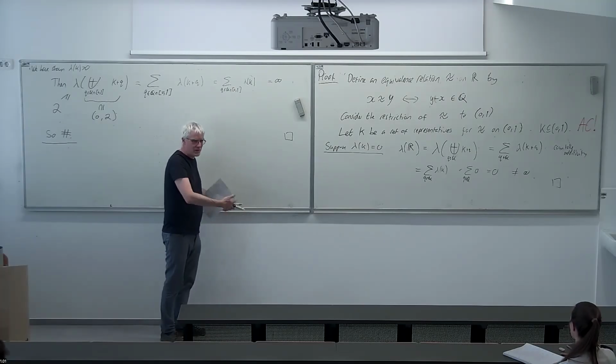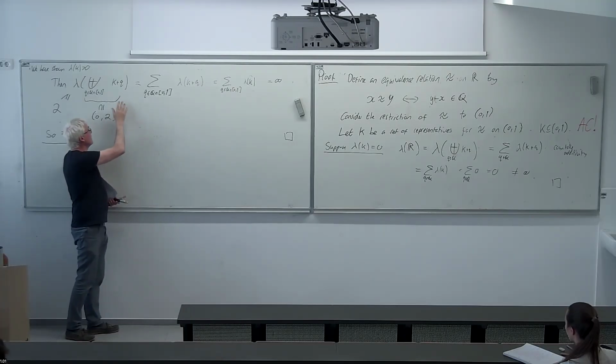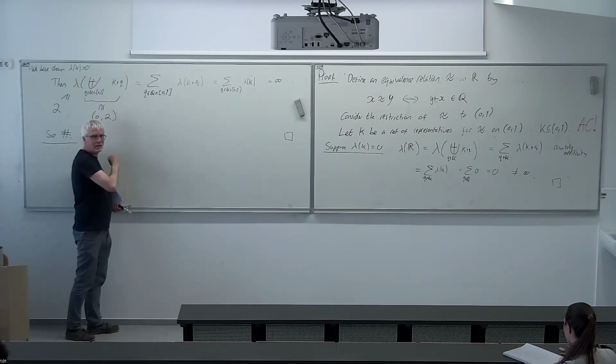And if it has positive weight, well then, because you can squeeze infinitely many disjoint copies into this space, it can't also have positive weight. So there's something like that going on.